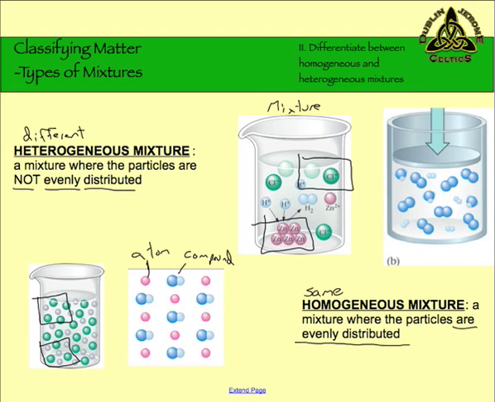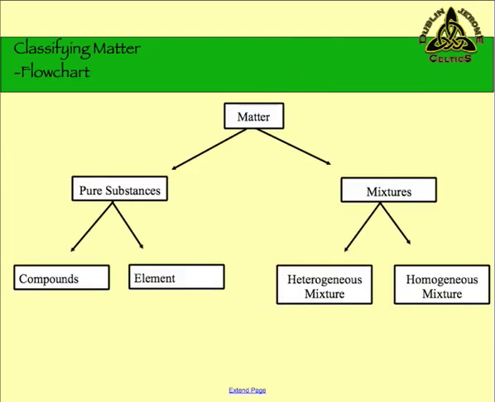A lot of definitions, and here we have a flowchart to help you organize them. How can we break matter down into different substances? Well, you either have a pure substance or you have a mixture. One type of substance or multiple types of substances.